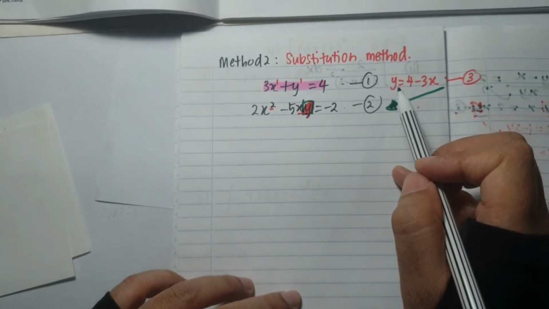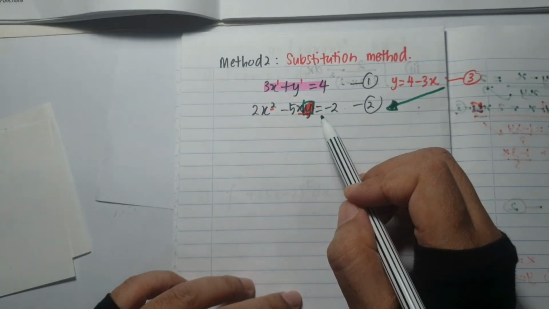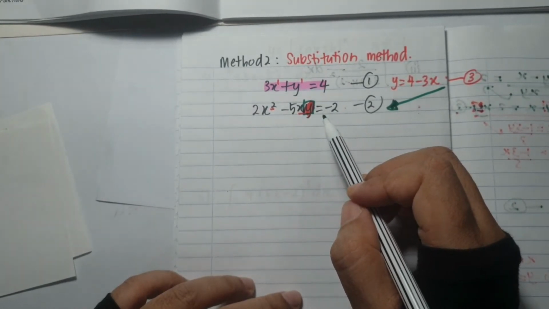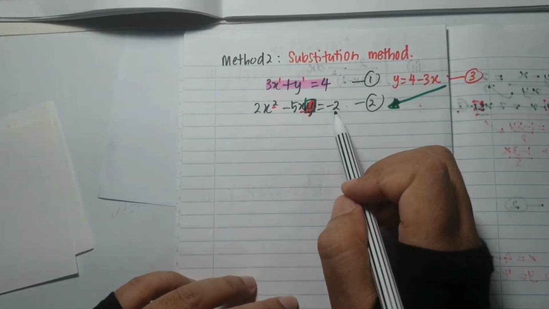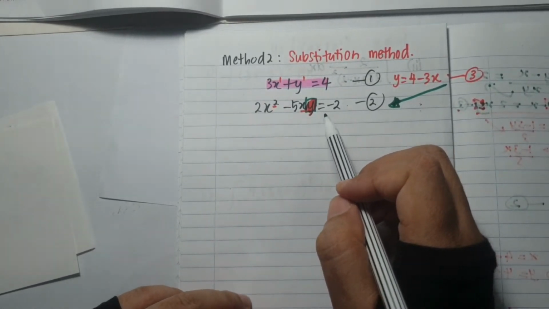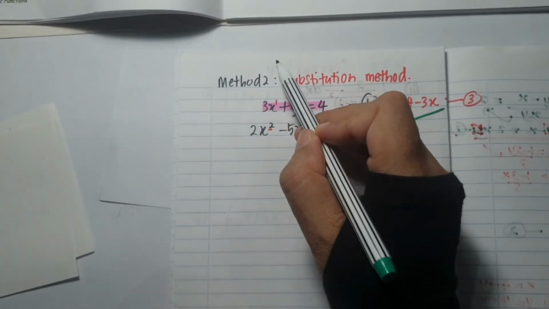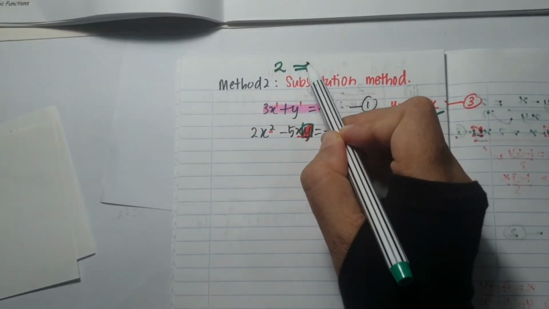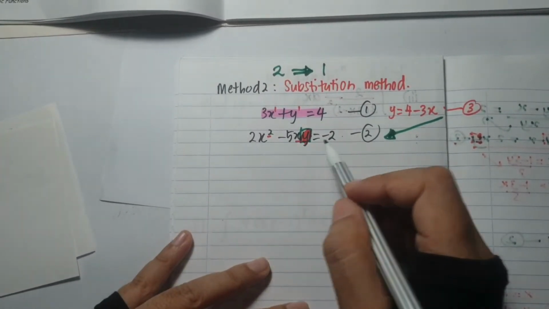Substitute the new equation obtained into the non-linear equation. So after you substitute, all the equation here consists of only one variable, which is in terms of x. So kita ada two variable. From two variable kita nak cuba bagi jadi consists of one variable only.